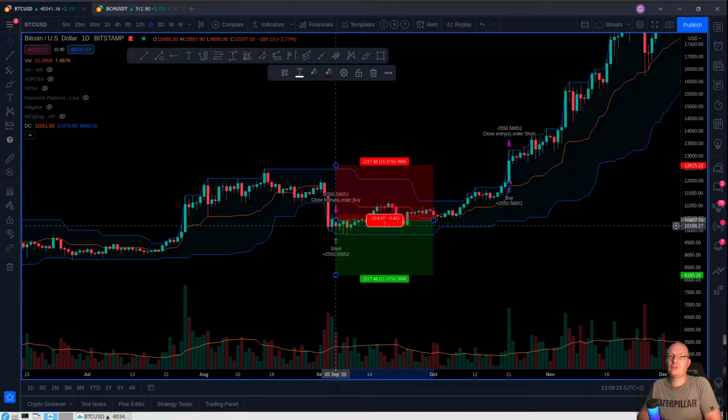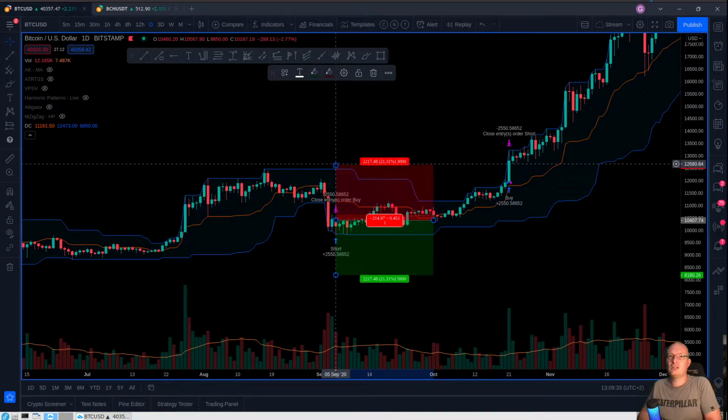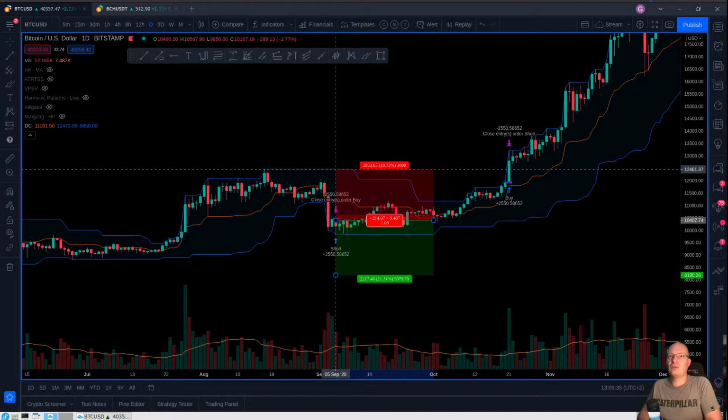So assume that on the next day we really pump hard and then we close out 2 times above the channel. Then you can say, okay, look, the Donchian channel is around, let's say, 20%, and then you take a margin for the 2 breakouts.